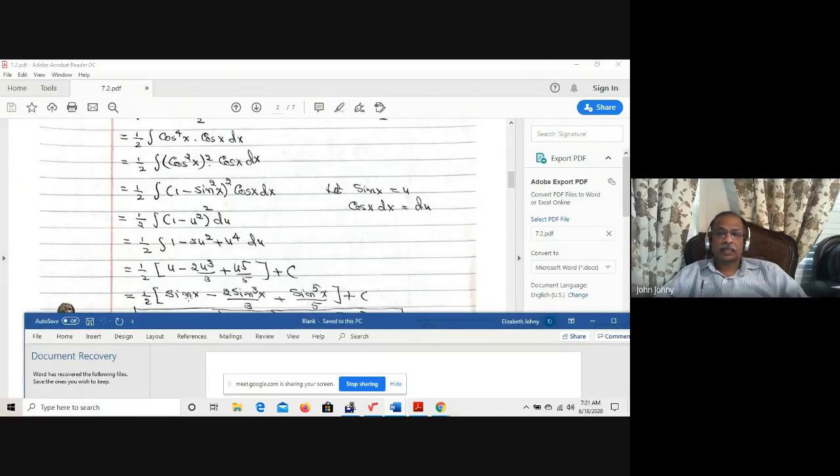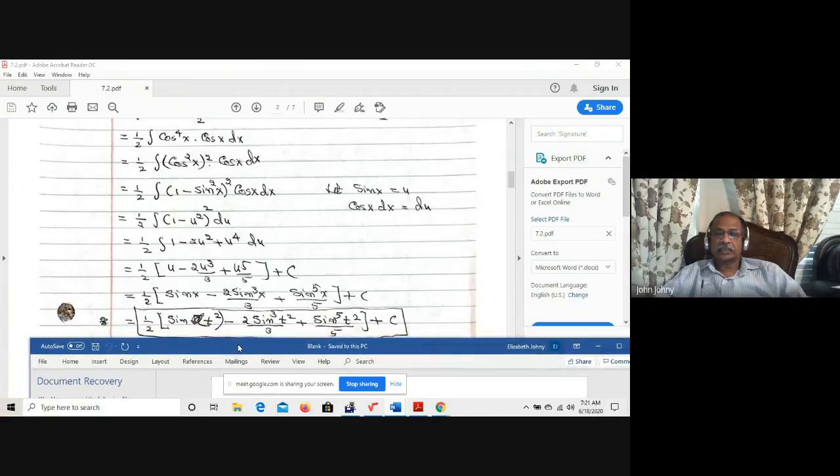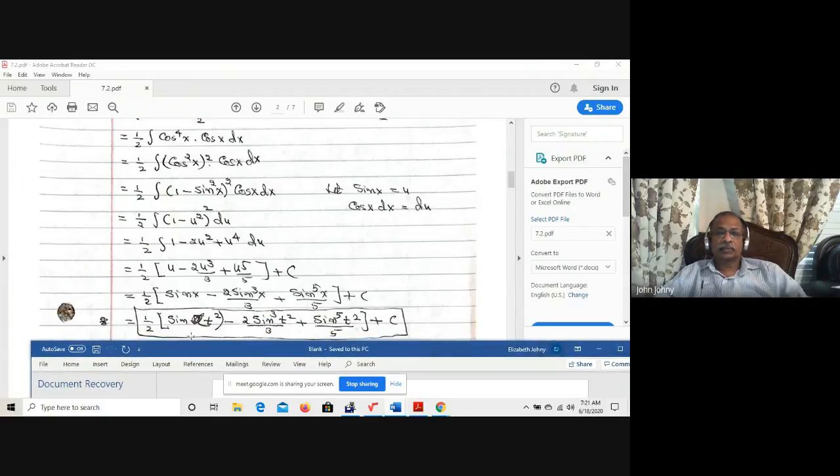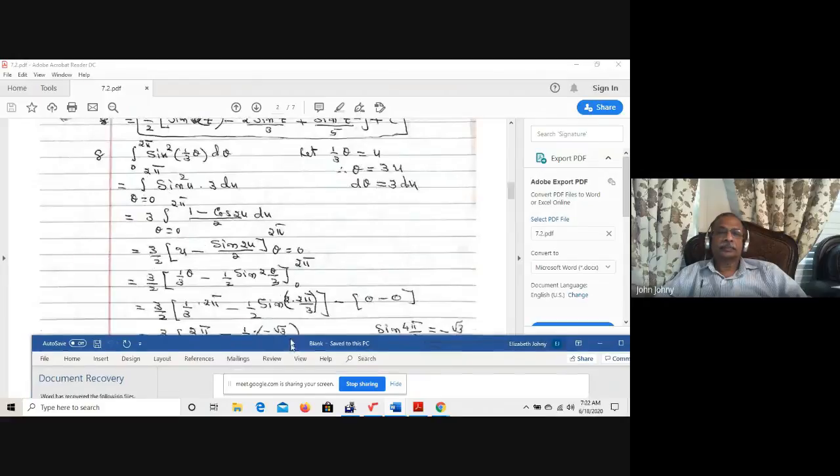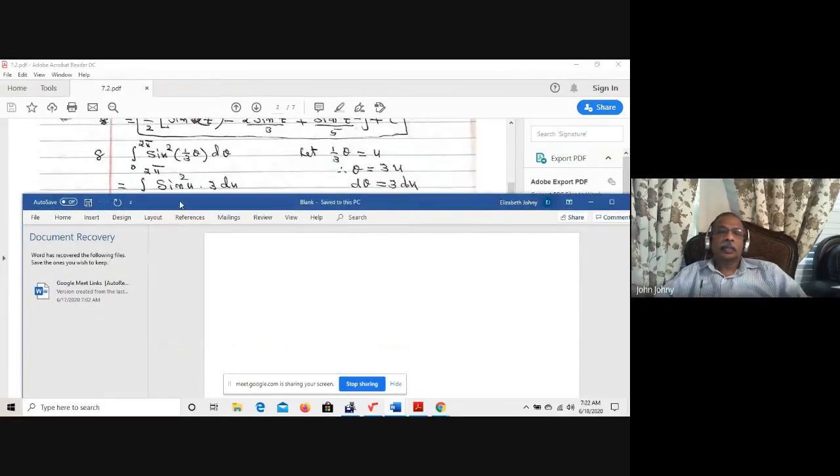So 1/2 sine x minus 2 sine cubed x over 3 plus sine to the 5x over 5. Now what is x? X is t square. So 1/2 times sine t square minus 2 over 3 sine cubed t square plus 1 over 5 sine to the 5 t square plus constant of integration. Next.